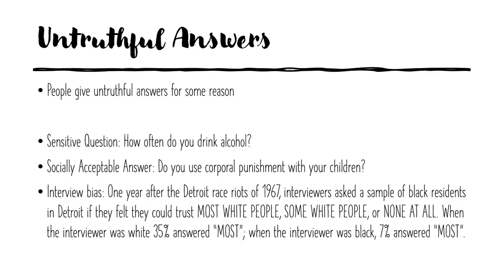These could be based off of, it could be a sensitive question, how often do you drink alcohol? How often do you do drugs? How often do you smoke? Things that might not be socially acceptable. Those type of questions in which what they might really believe is this is what I think.